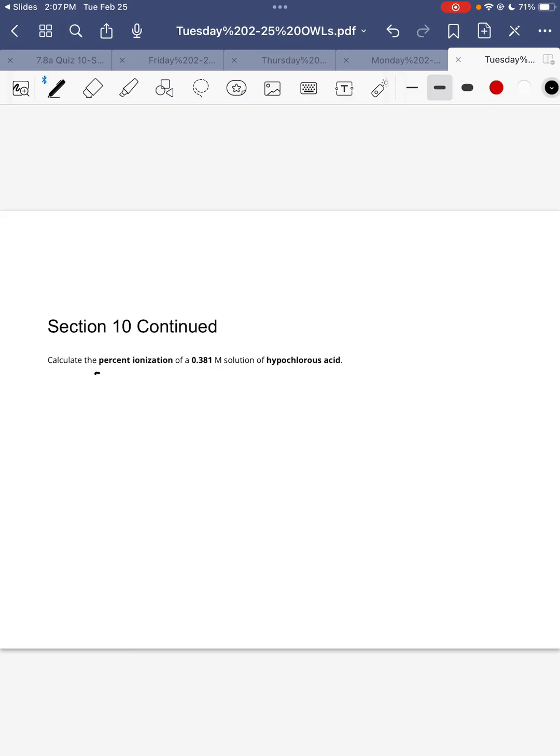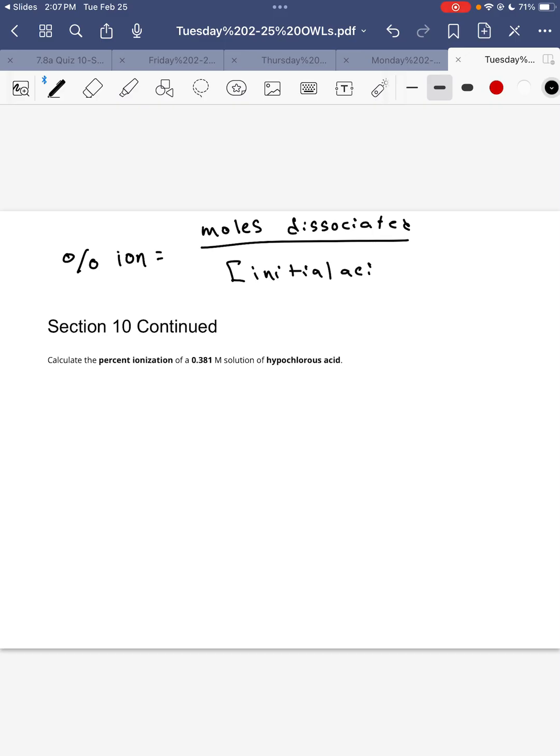This time we're tasked with calculating the percent ionization from molarity. So if we remember our formula, percent ionization is equal to our moles dissociated over our initial concentration of acid times 100.